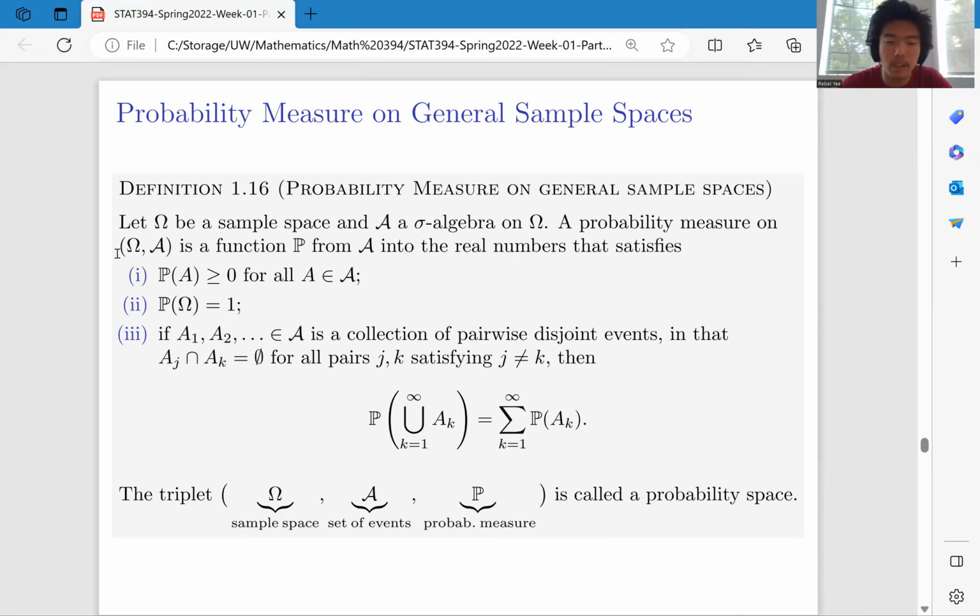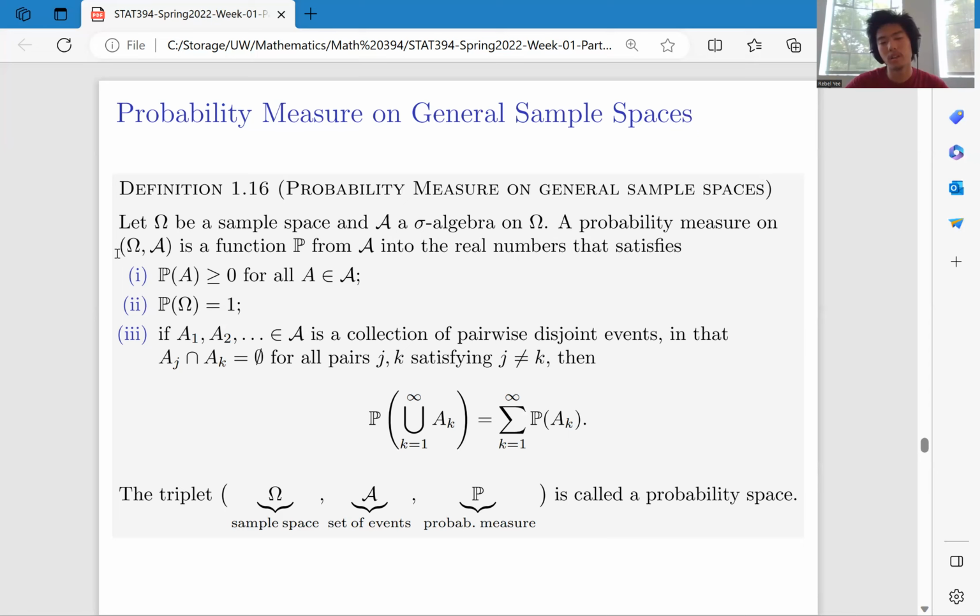The first property is that the probability of A is greater than or equal to 0 for all events, and the second is that the probability of omega is equal to 1.